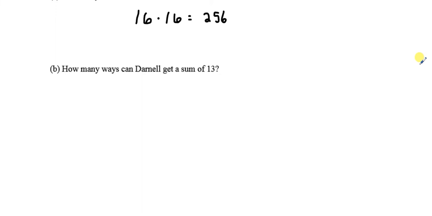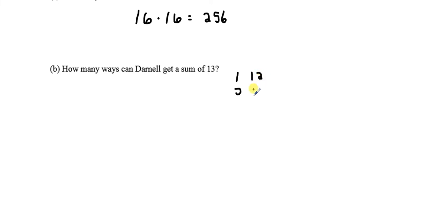Well, you could do a big long grid, but if you think about it, you have 16 sides. If you roll a 1, you can roll a 15. Or not a 15, sorry, a sum of 13. So we can roll a 1 and a 12.